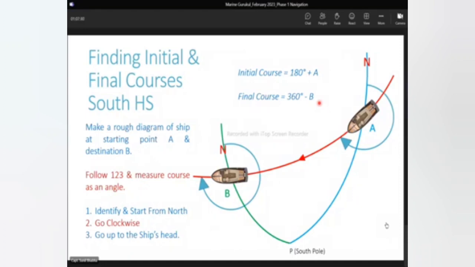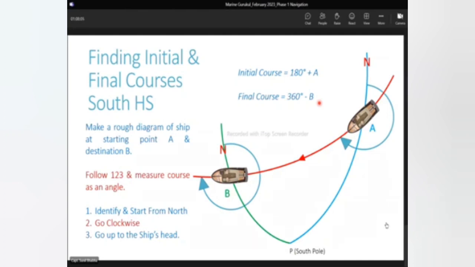If by any chance you need to find the courses in quadrantal notation, the method will not straight away give it to you. You first calculate the courses in the three-figure notation and then convert it into quadrantal notation. We are very familiar with the process of converting true to quadrantal or quadrantal to true.